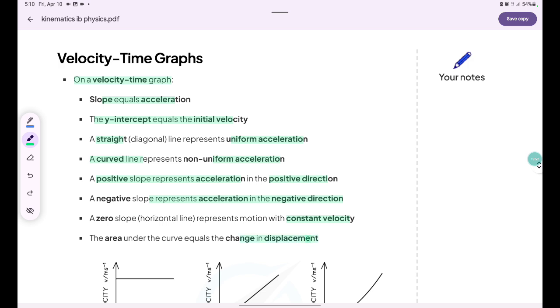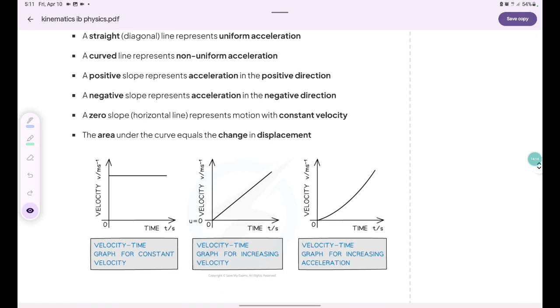Note the difference between the velocity time graph and the displacement time graph: the area under the curve here is equal to the change in displacement, but the area under the curve in a displacement time graph is meaningless. You should be familiar with these figures as they are very important.